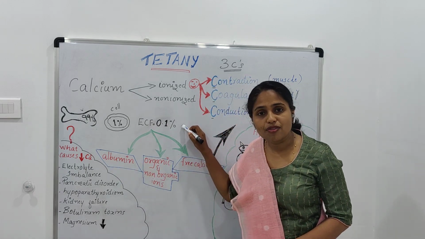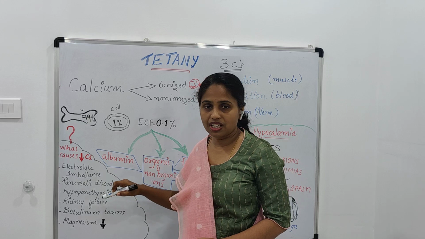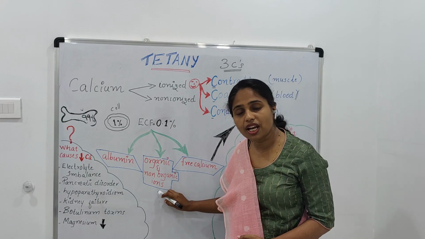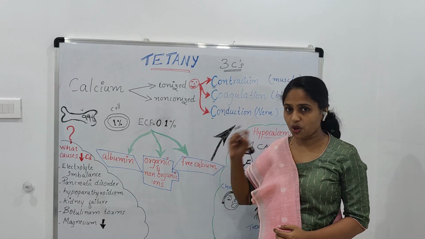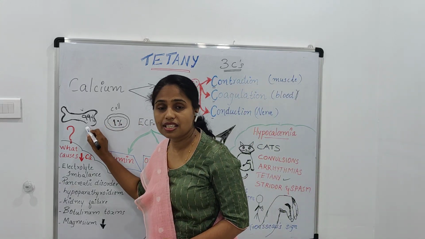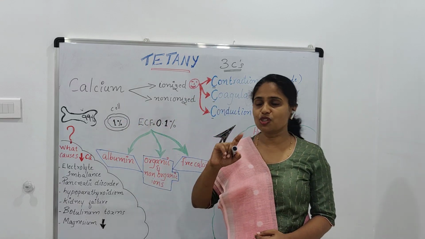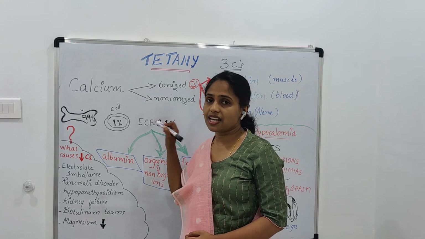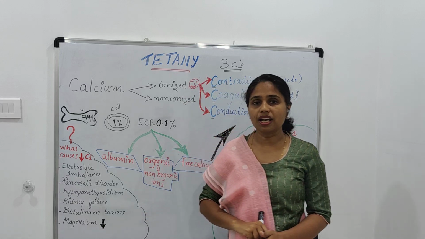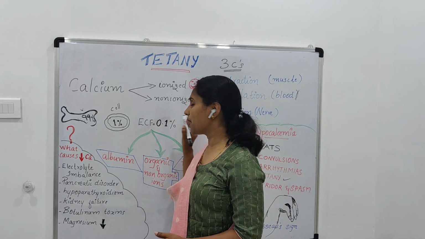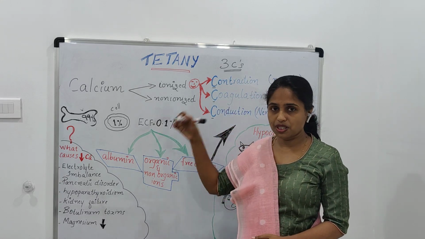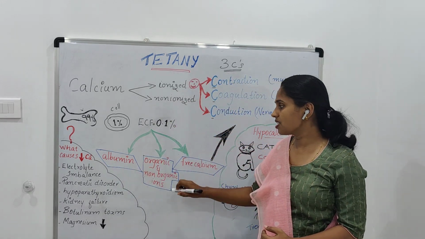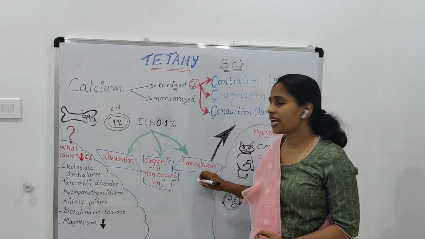This extracellular fluid calcium, though a very small amount, can be divided into three: calcium which is bound with albumin or plasma, calcium which is bound with organic and non-organic ions, and free calcium.